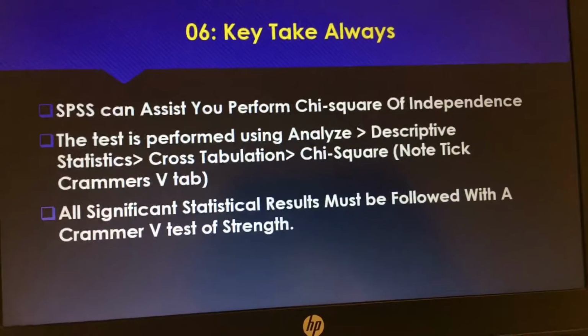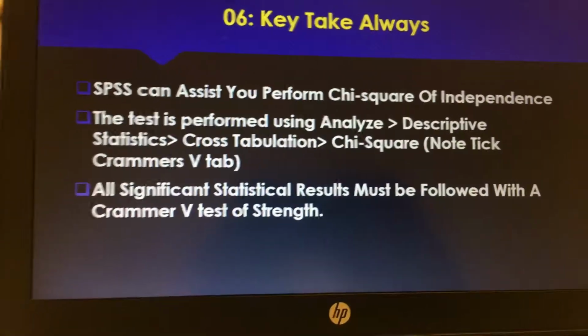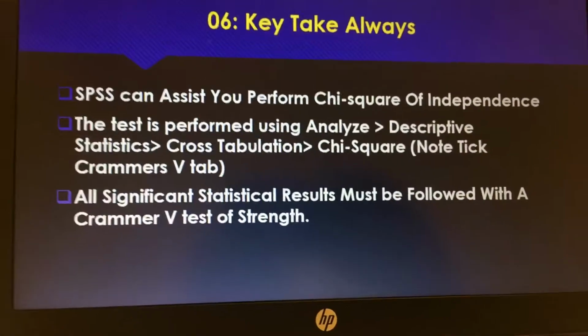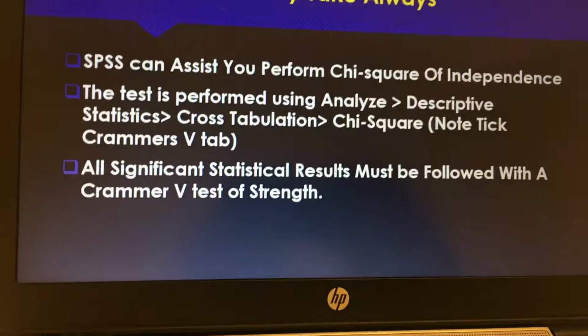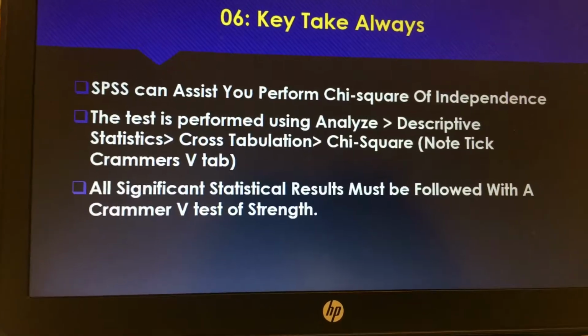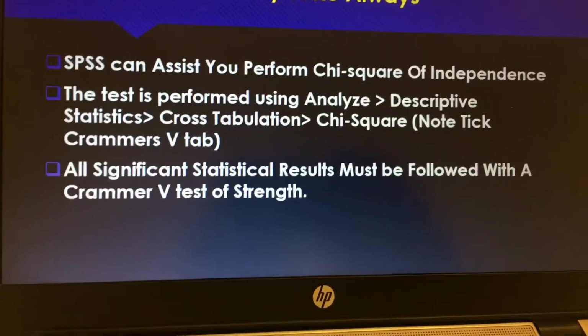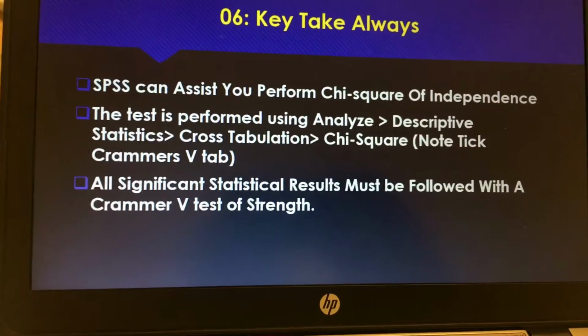SPSS can assist you to perform chi-square calculations very quickly and effectively. The test is performed by using the descriptive statistics and cross-tabulation tool in SPSS.